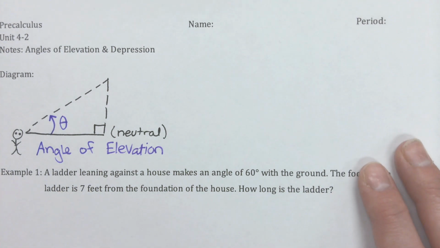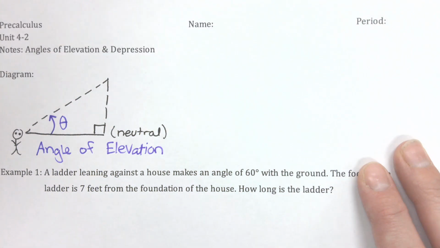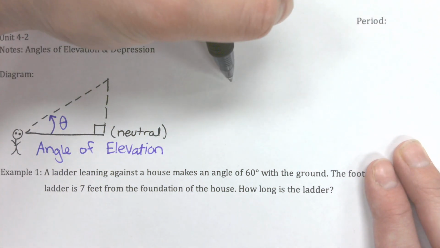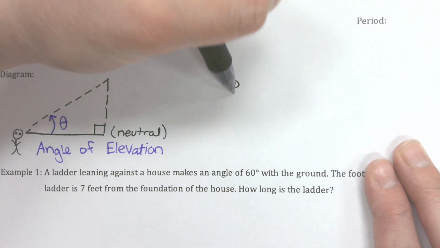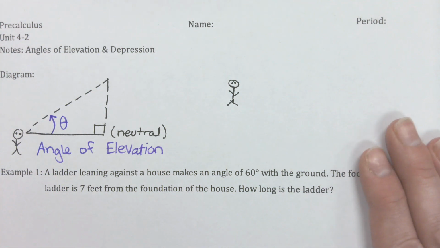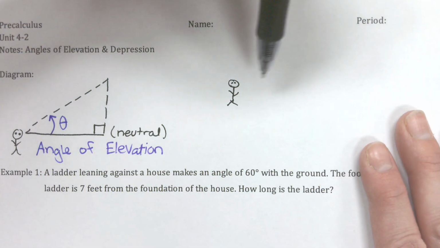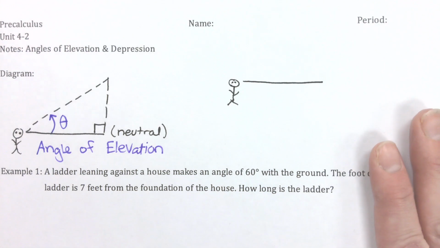Let's do one for angle of depression. I'm going to start my stick figure much higher since I'm going down this time. So again, we need to start with a neutral line where he's looking straight ahead.